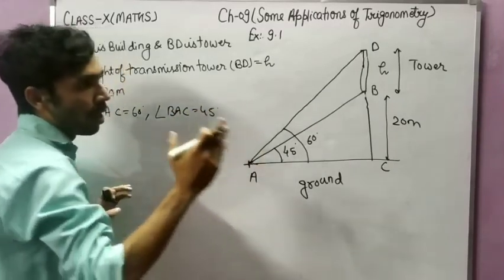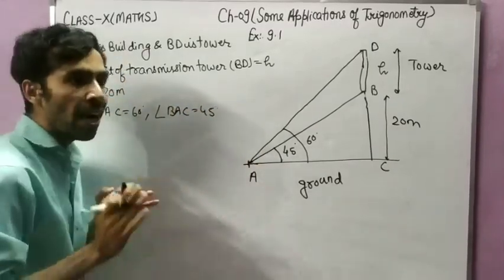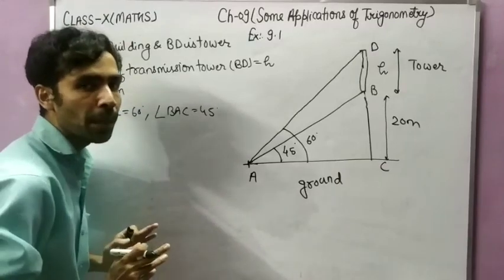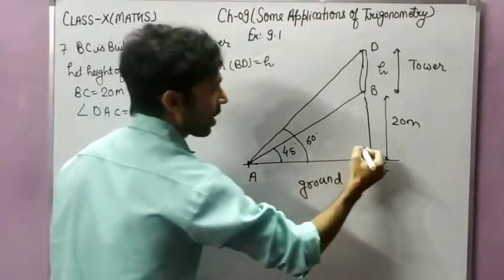And see, I told you now, whatever thing are standing on the ground is always perpendicular to ground, so this angle will be 90 degree.